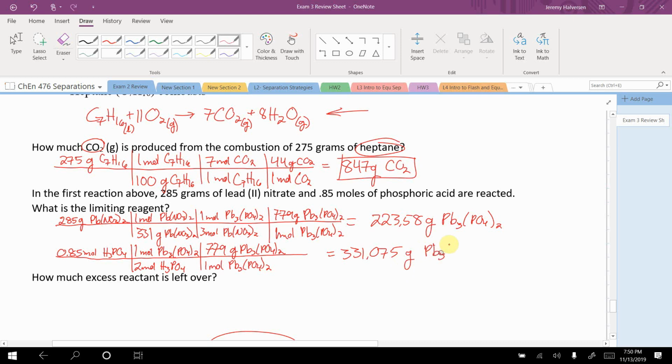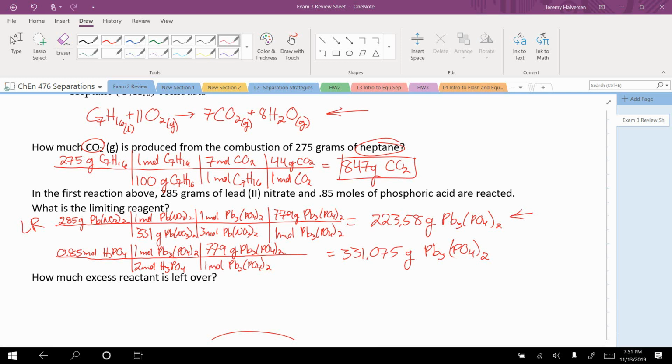Sweet. So what is my limiting reactant? This one will be my limiting reactant. Why? It produces less product. It's going to run out first. As I'm producing product, once I hit 223 grams, I have no more Pb(NO3)2 left.